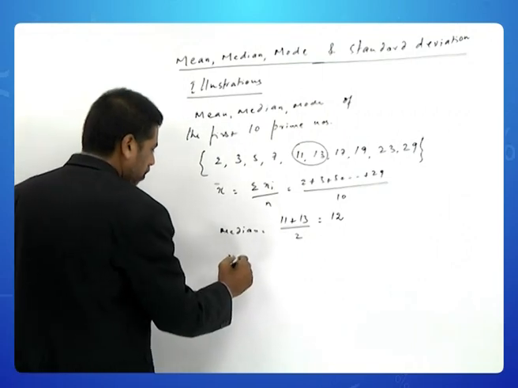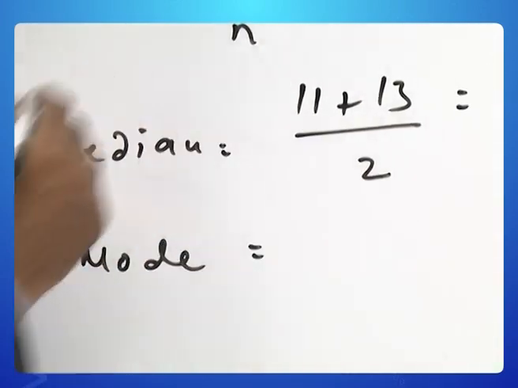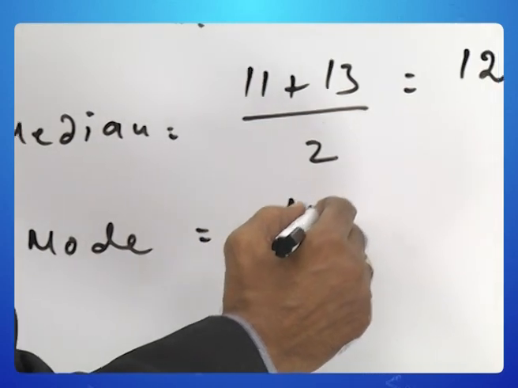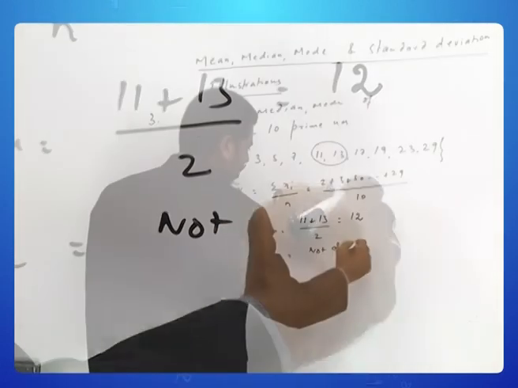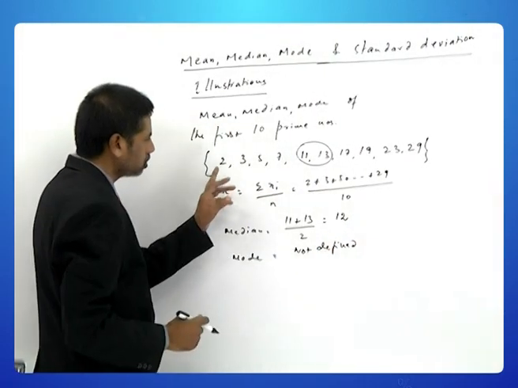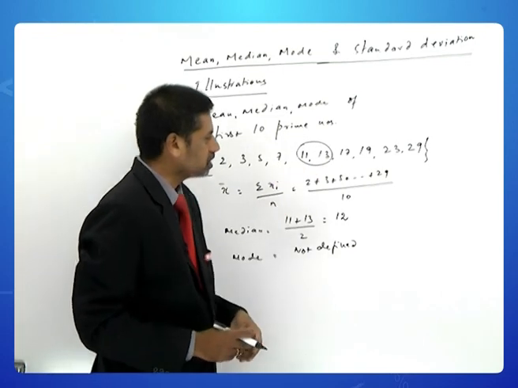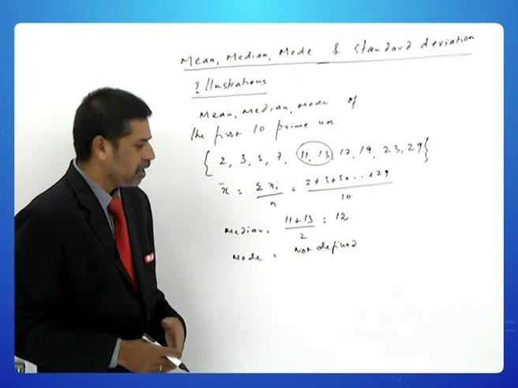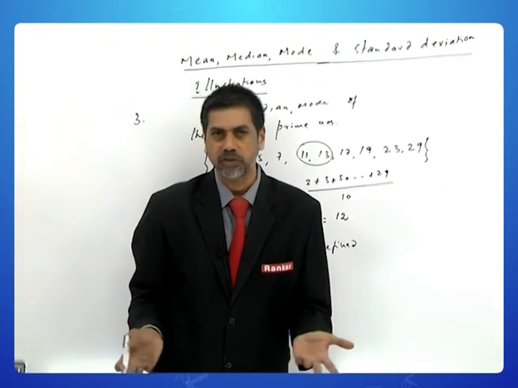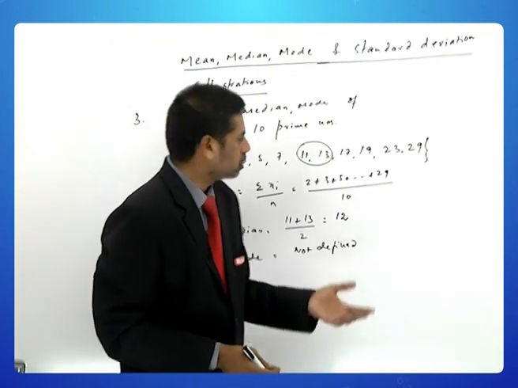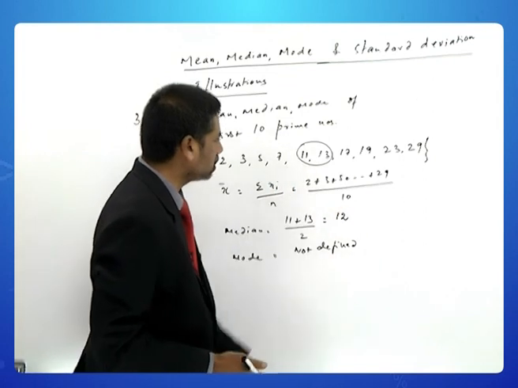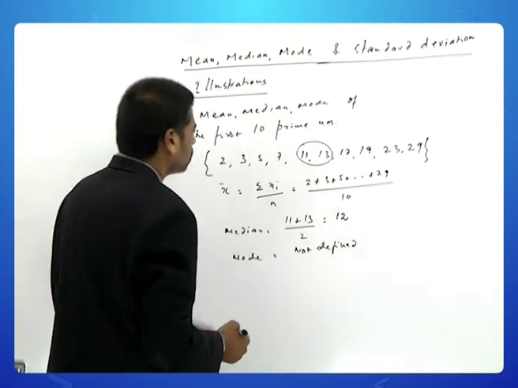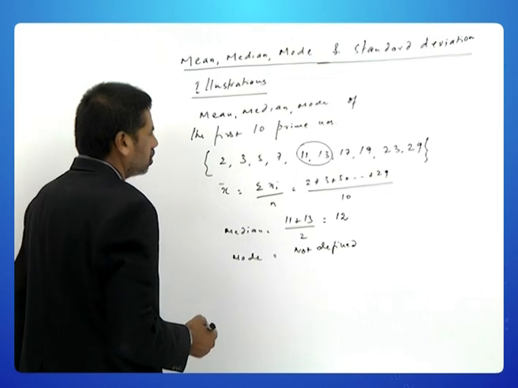When it comes to mode, mode is not defined. That is because there is no single observation which is having a high frequency. All of them are having the same frequency, and mode for such data is non-existent. So, the only thing is we will have to calculate these totals.